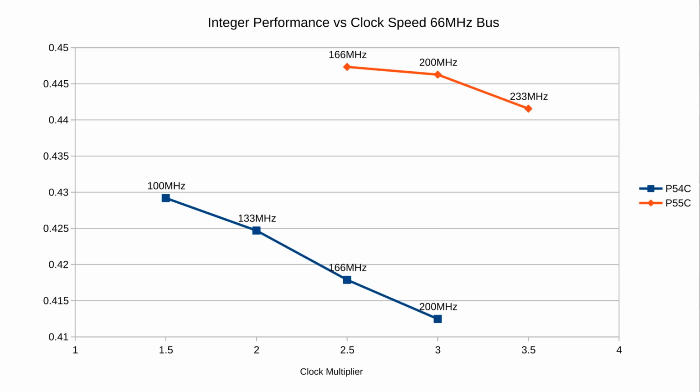If the P55C, the Pentium MMX, is added to the mix, a couple of things are noteworthy. First, whetstones per clock is higher at each matching clock speed. The P55C doubles the amount of L1 cache and adds some other architectural improvements.